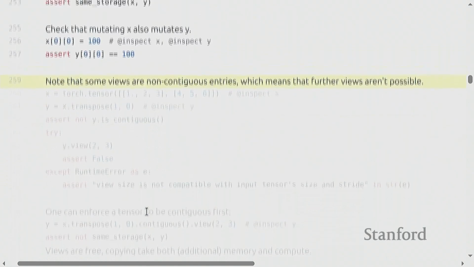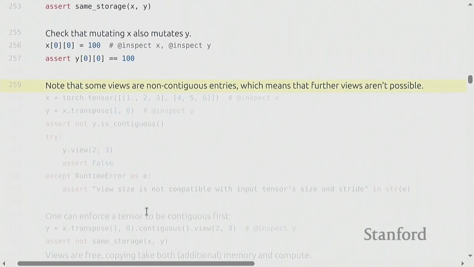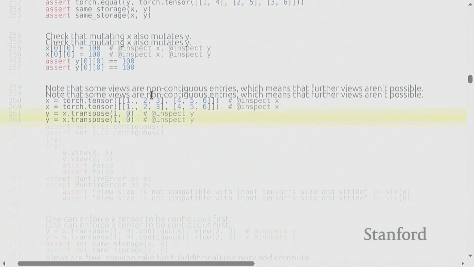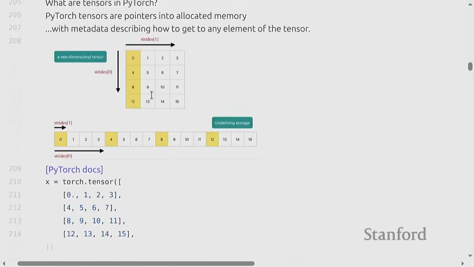One thing that you have to be careful of is that some views are contiguous, which means that if you run through the tensor, it's just going through this array in your storage. But some are not. In particular, if you transpose it, what does that mean? You're going down now. So if you imagine going through the tensor, you're kind of skipping around.